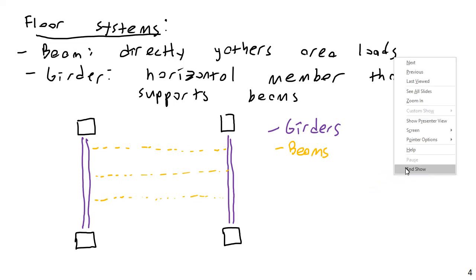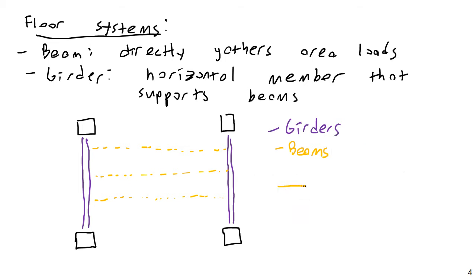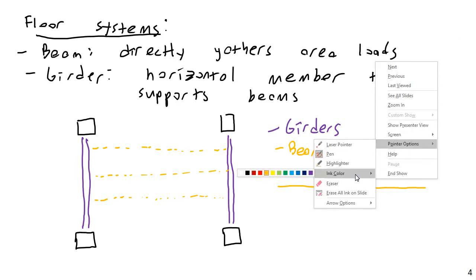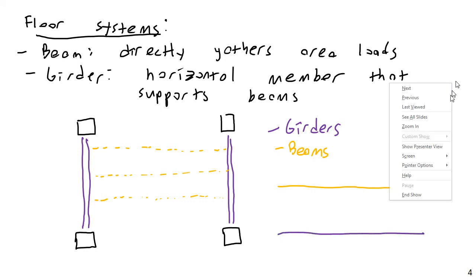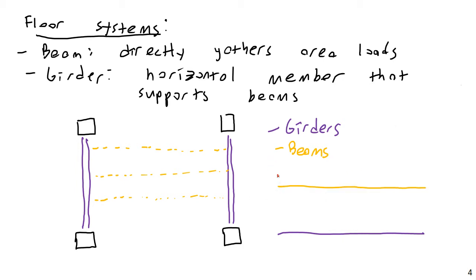So, for example, if I were to draw the free body diagrams or the loading diagrams of each of these, let me draw a beam loading diagram and then a girder loading diagram. Here, the beam would be directly supporting area load.